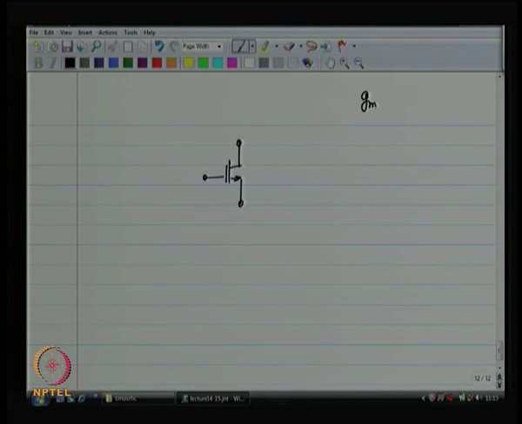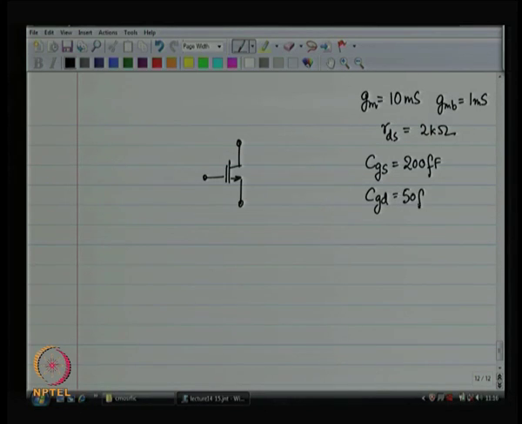Let us say GM was 10 millisiemens, GMB was 1 millisiemens, RDS was 2 kilo ohms, then I had CGS of 200 femtofarads, CGD of 50 femtofarads, C drain to body of 100 femtofarads, and C source to body of 150 femtofarads.